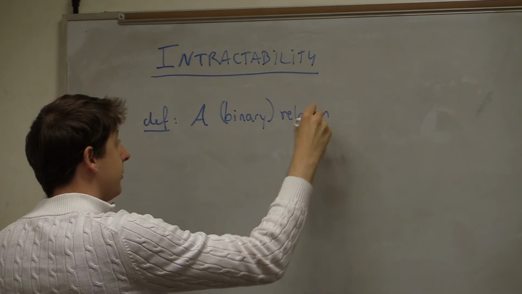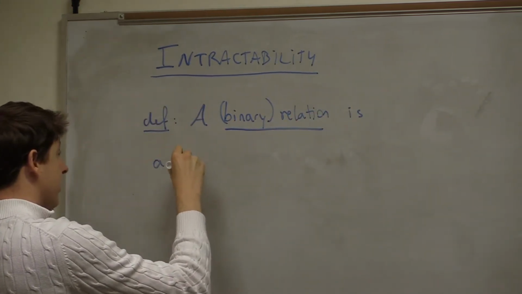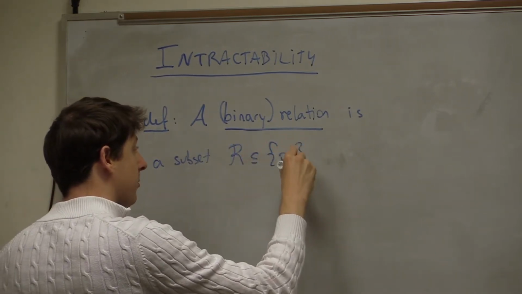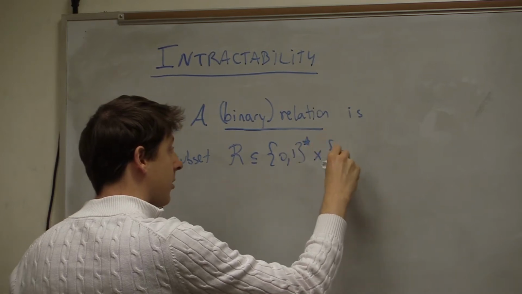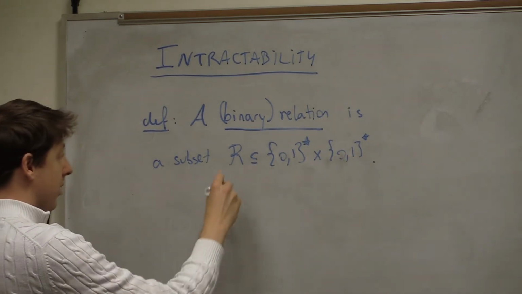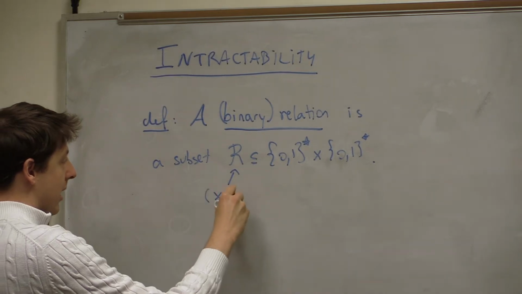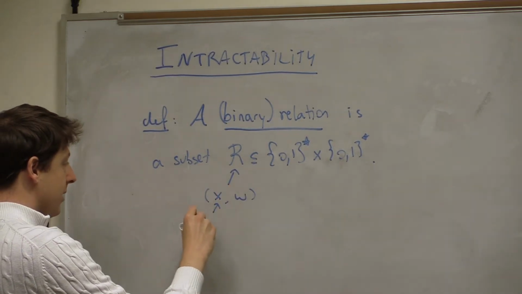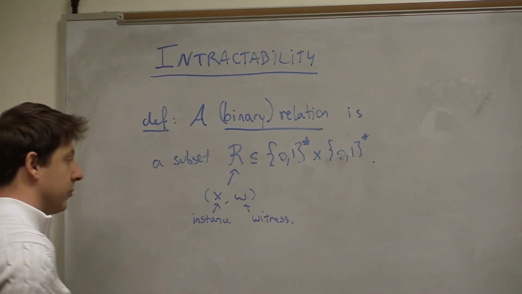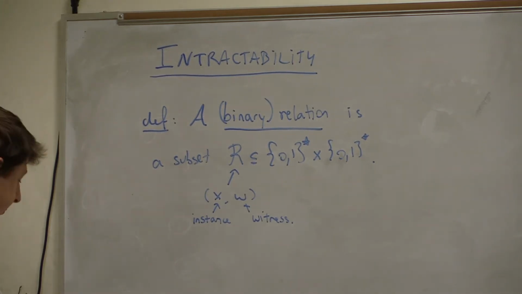A binary relation is a subset R of pairs of strings. An element in this set is usually written x, w, where x is the instance and w is the witness. That's just a set, could be an infinite set.